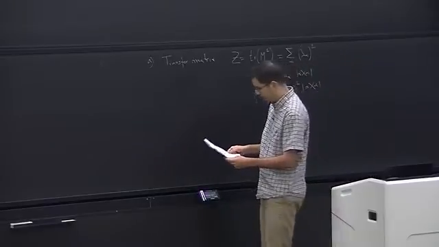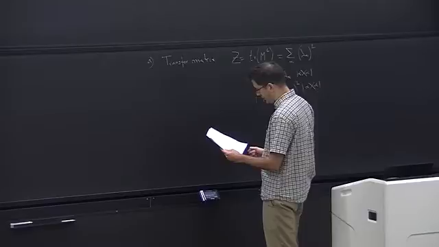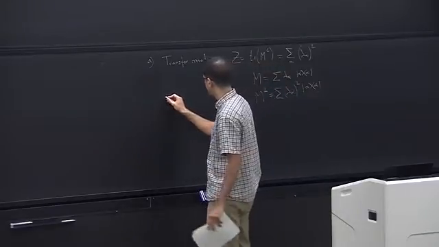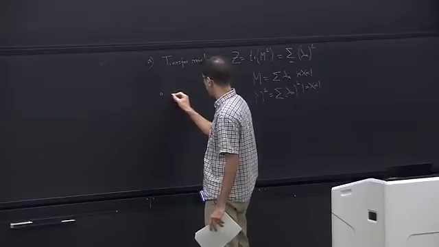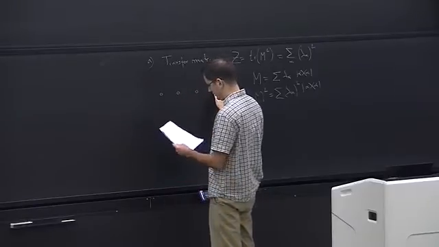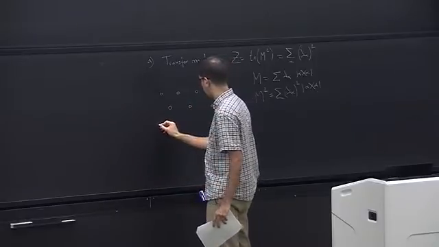Good. So now I need to do some drawing here. I'm going to do something slightly weird. I'm going to put the spins, the square lattice is going to be tilted.